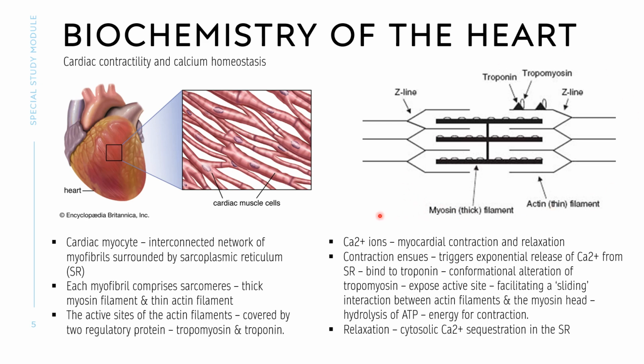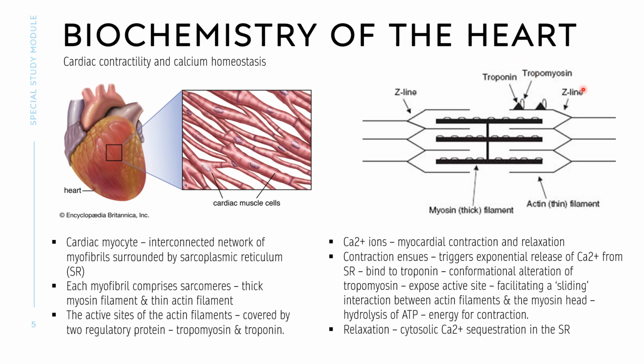We know that calcium homeostasis means that the calcium ion is important for myocardial contraction and relaxation. So how does contraction occur? When contraction ensues, it will trigger the exponential release of calcium ions from the sarcoplasmic reticulum, and thus this calcium ion will bind to the troponin and cause conformational alterations of the tropomyosin.